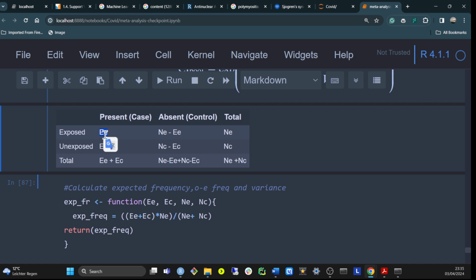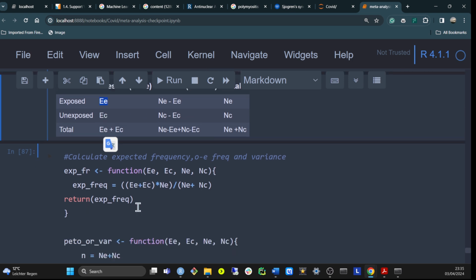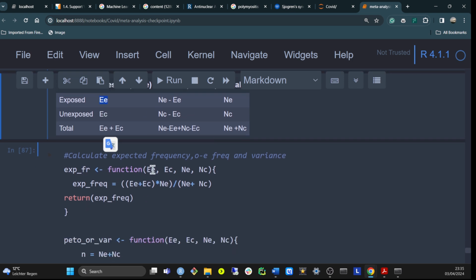The observed frequency would be the value we already have, EE. That's our observed frequency here. We calculate the expected frequency using the formula that I already mentioned, and I made a function for it.